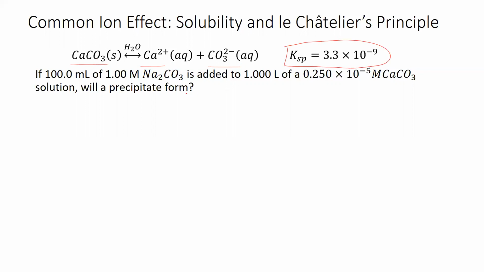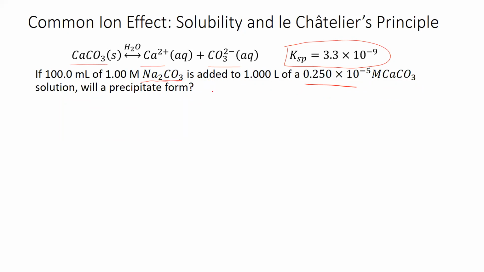Well, if we wind up adding some common ion, in this case, we can add sodium carbonate from an aqueous solution of sodium carbonate. So sodium carbonate is soluble in water. And so if we add 100 milliliters of 1 molar sodium carbonate to a solution of calcium carbonate that's below the saturation point, in this case, 0.250 times 10 to the -5 molar.